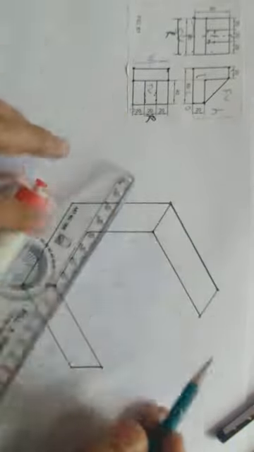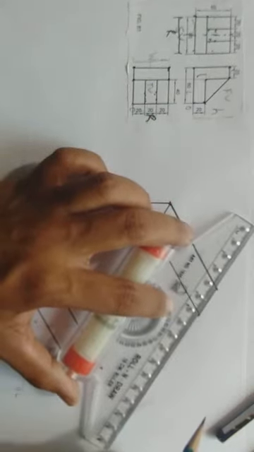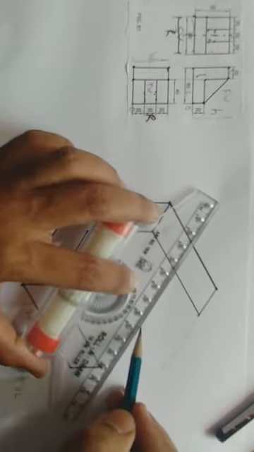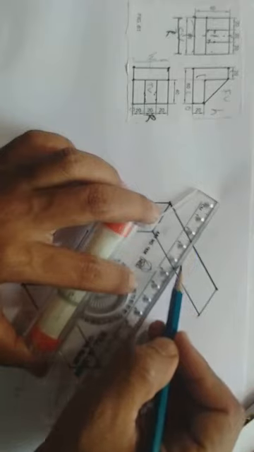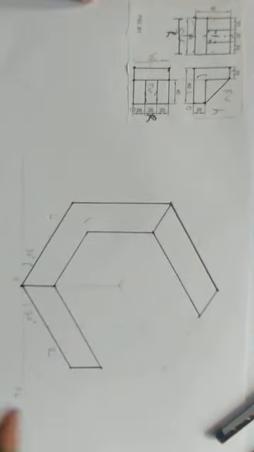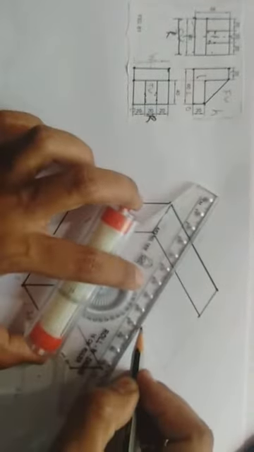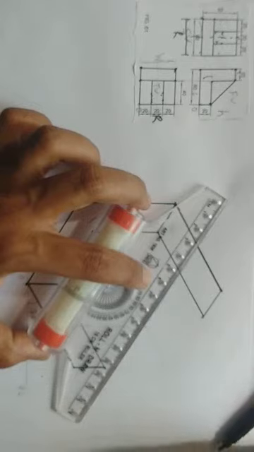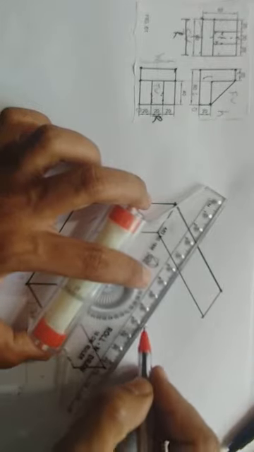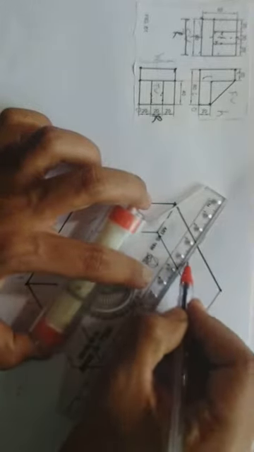You can see that at the top, like this. So here we are going to locate the rib, or we are going to draw the rib.